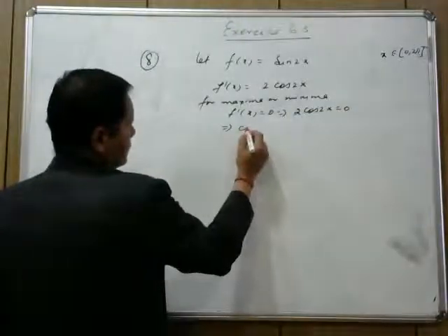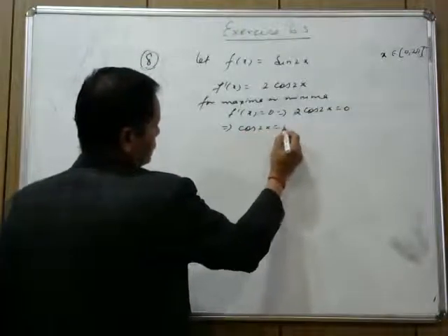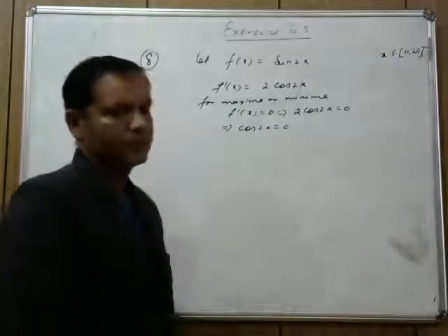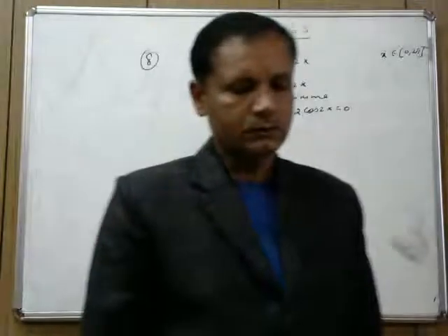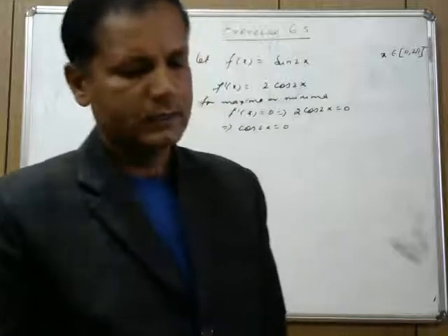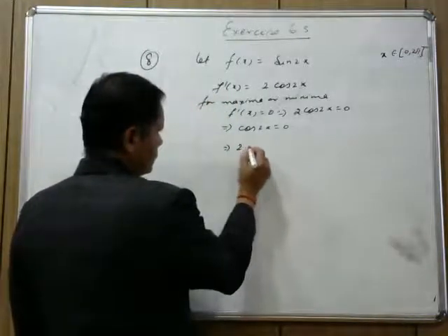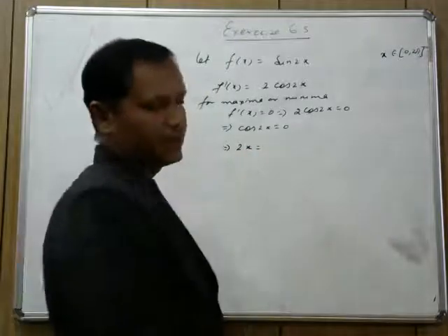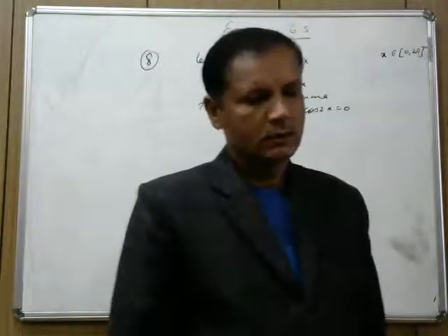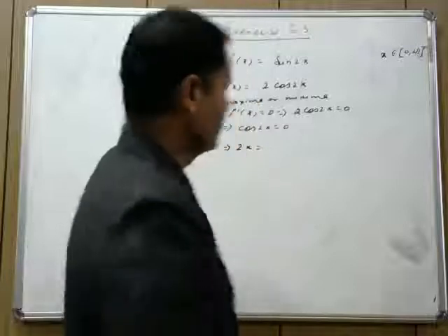It implies that cos 2x is equal to 0. And when cos 2x is equal to 0, it implies that 2x is equal to (2n plus 1) pi by 2. That means pi by 2.